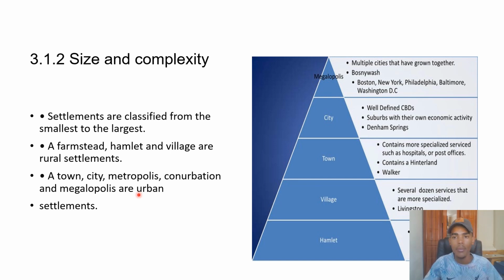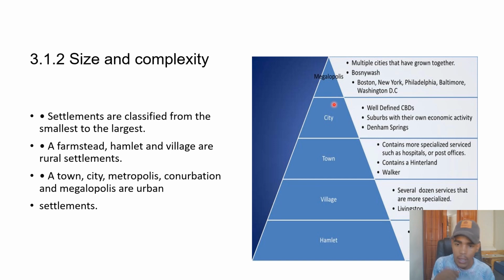So, as you can see here, we have our hierarchy, meaning the hierarchy puts the types of settlements in order from the smallest to the biggest. You can see we have a hamlet at the bottom, we have a village, we have the town, we have the city, we have the megalopolis.